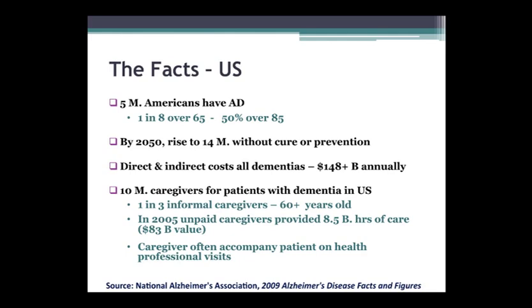I'm using Alzheimer's as an example because it's the most prevalent type of dementia, but there are at least 20 other types of dementias that could be diagnosed, related to other conditions that present differently from Alzheimer's disease and require slightly different treatment.